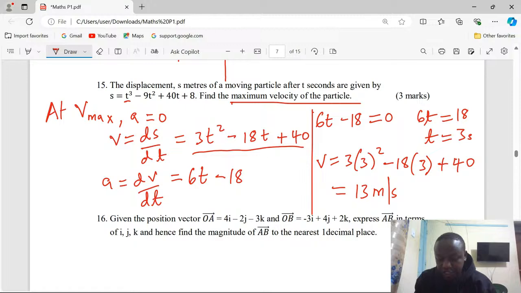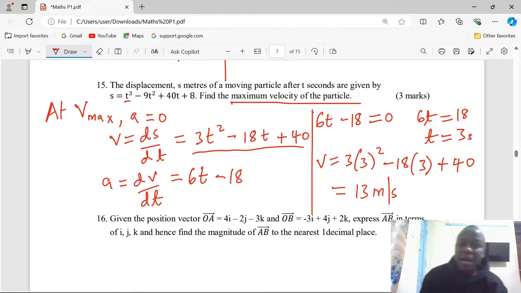Somebody says, teacher, you are wrong. No, you must check my work properly. I'm talking about the displacement function having to be differentiated first for us to get the velocity function. Then we differentiate velocity again for us to get the acceleration function.